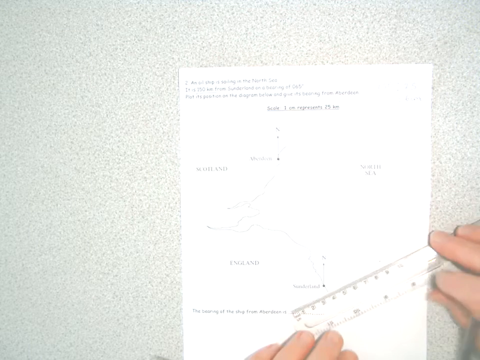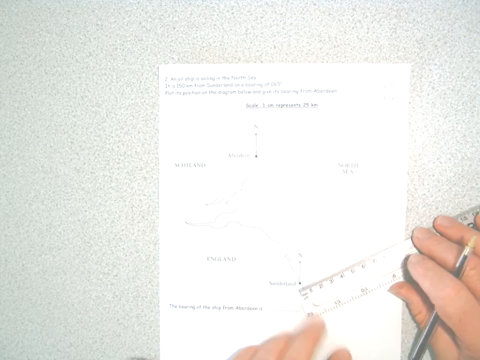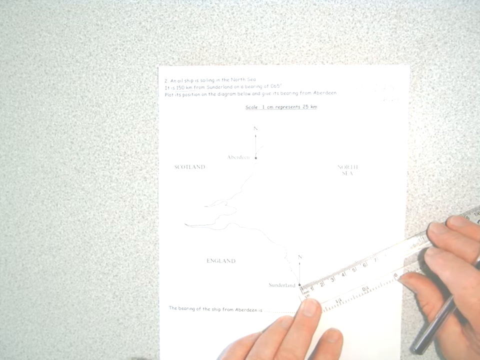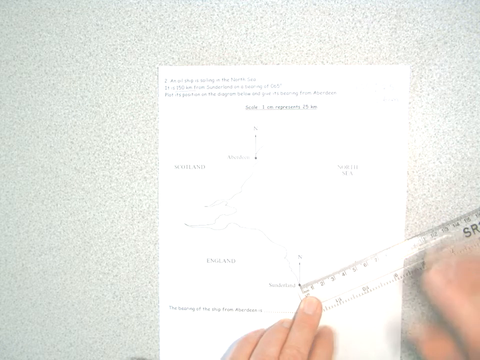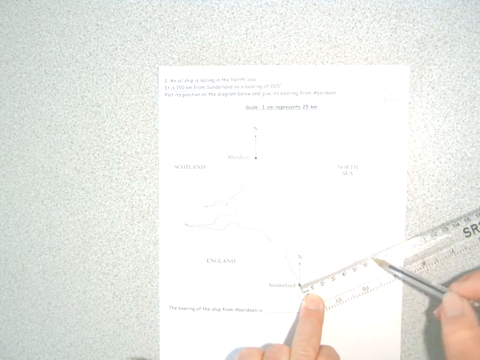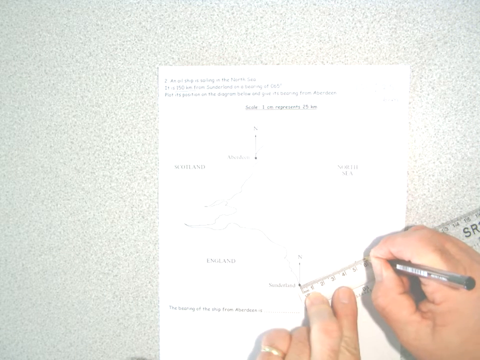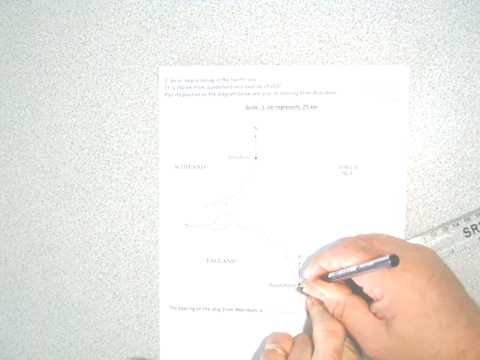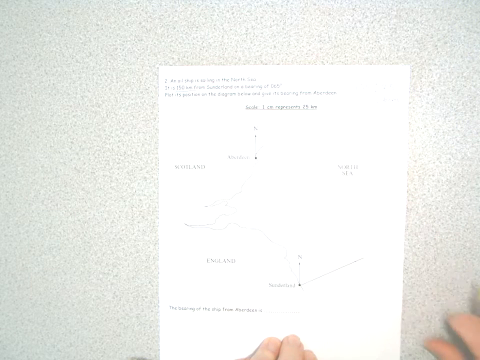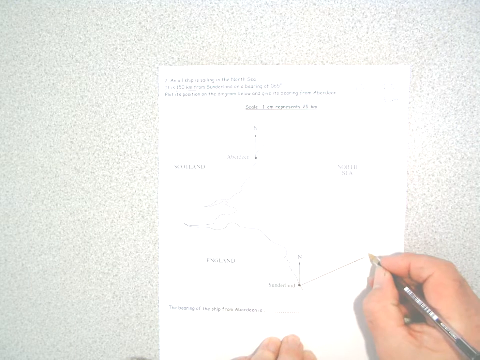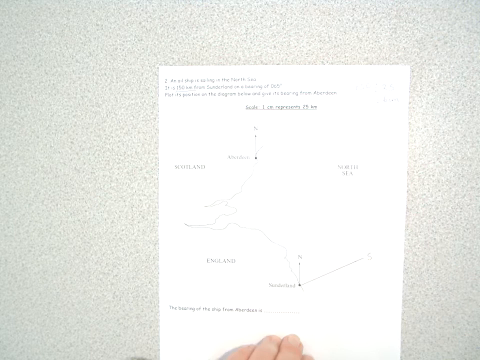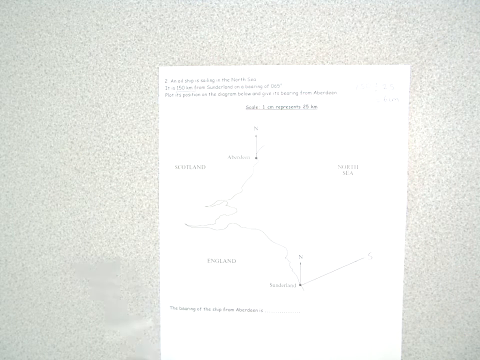And then with the ruler, I join that to Sunderland there, and this time this line has got to be 6 centimetres long. So there's the 6, and that's where the ship is there. That's its position.